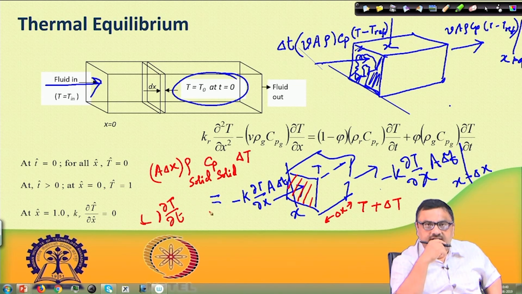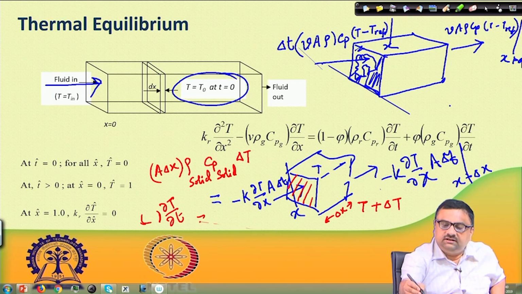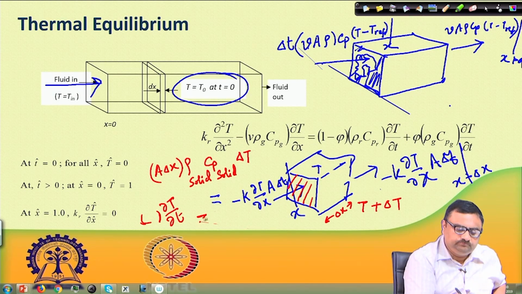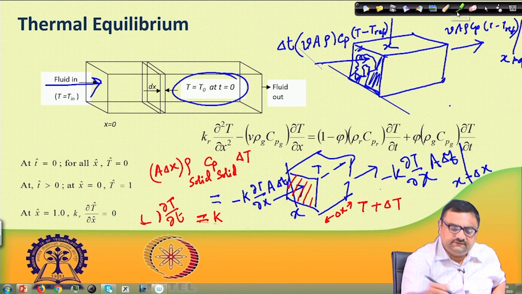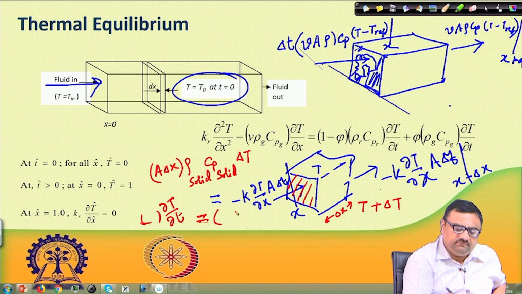And on the right hand side you have again some terms, del square T del x square.